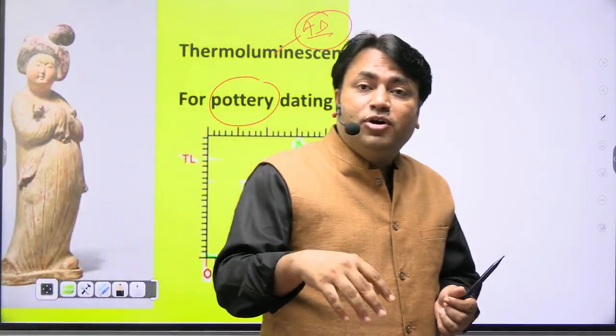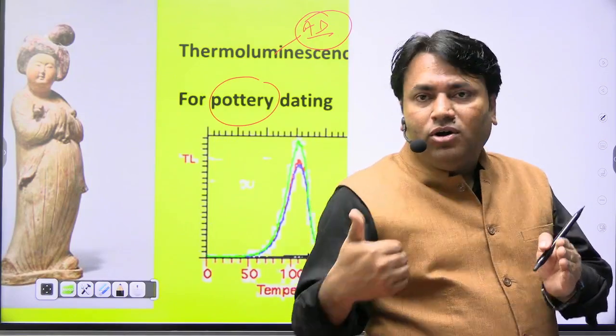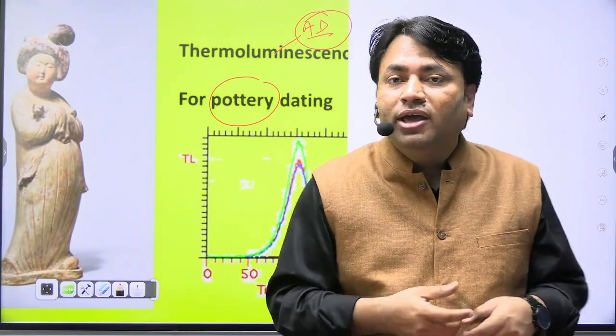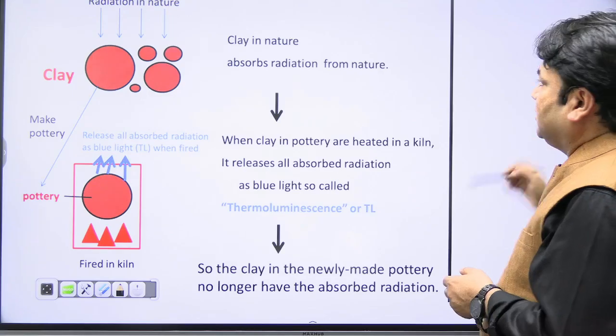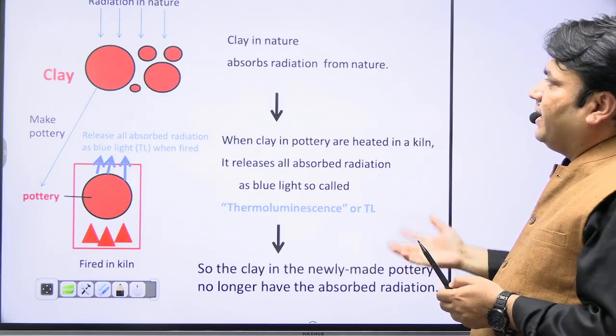Red pottery, black pottery. So we have a specific type of pottery for some particular time period. How is it decided? What is the basis, what is the technique? Thermoluminescence is used.